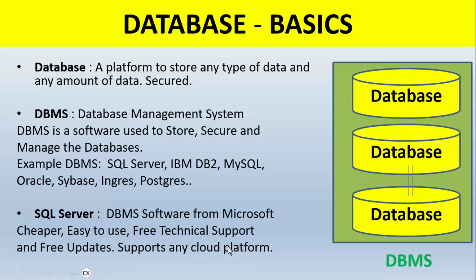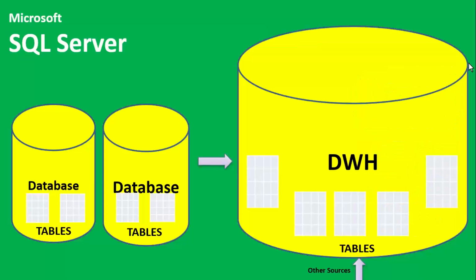So let's assume SQL Server is our house, greenhouse. Databases are the rooms inside the house. I repeat, SQL Server is our house, okay? And databases are the rooms inside the house. There are two types of rooms basically: living room, store room.